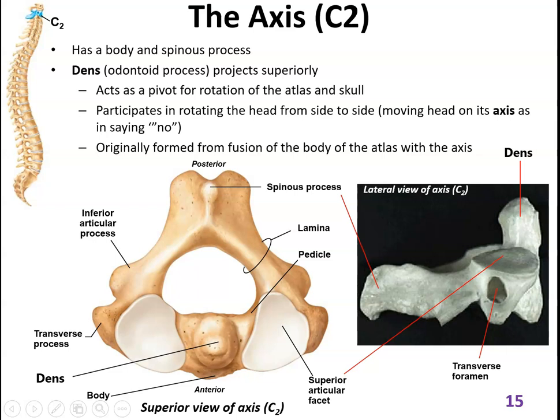Half joking and half not joking, I really think of this as the bone that keeps your head from falling off. So this sticks up and holds on to the atlas. Realistically, all of your vertebrae prevent the higher part of your body from falling off, and they're held together by all those ligaments and the intervertebral discs.